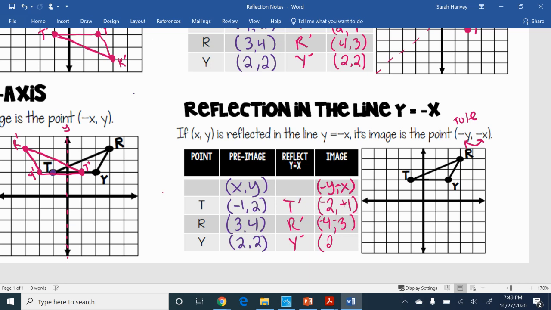This one's nice and easy because when we switch it, it's exactly the same thing, but we're going to switch the signs. And then that is going to be a reflection across this line here. This is called y equals negative x, because whatever the opposite of your x is going to be your y.